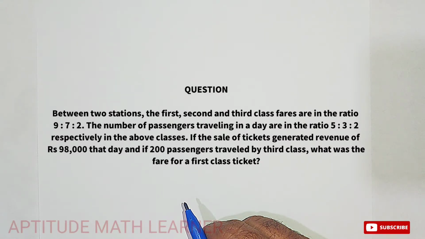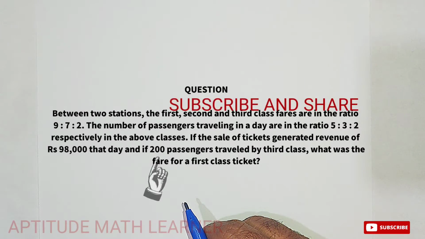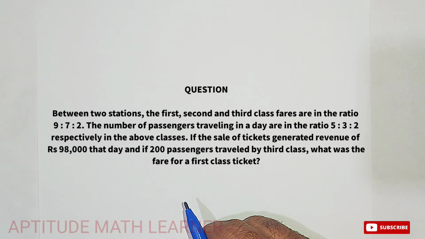If the sale of tickets generated a revenue of 98,000 that day, and if 200 passengers traveled by third class, what was the fare for a first class ticket?